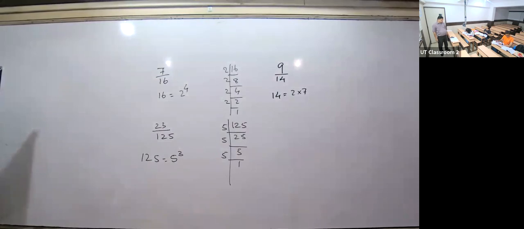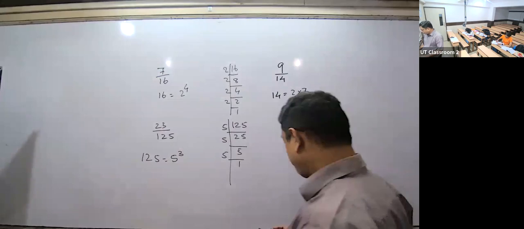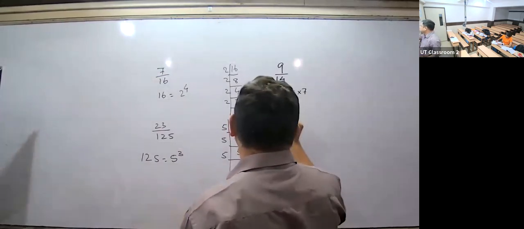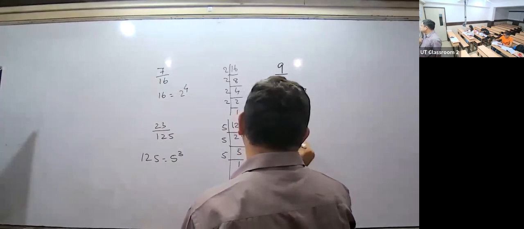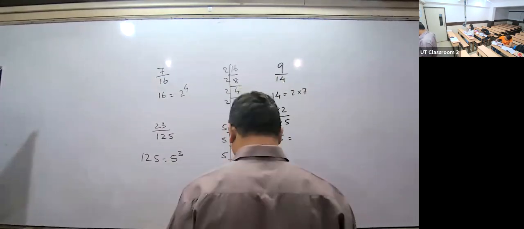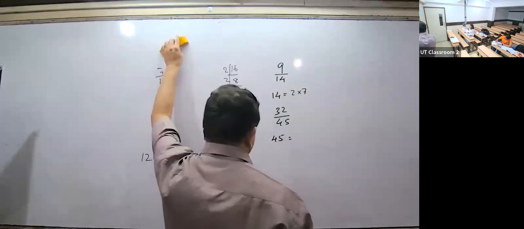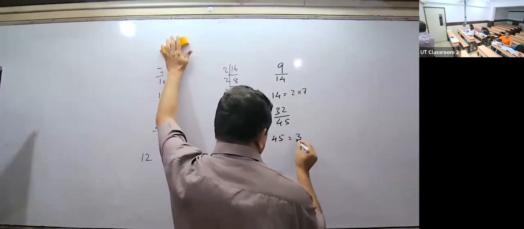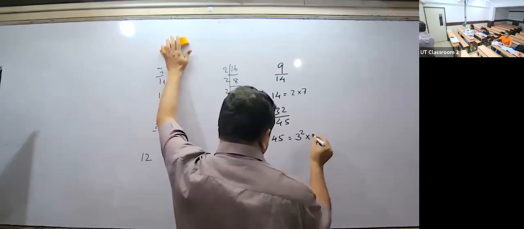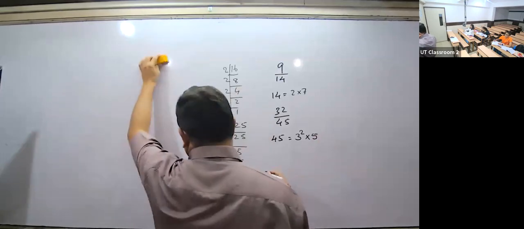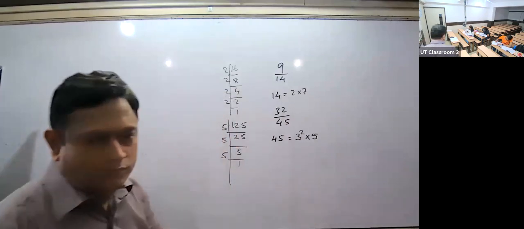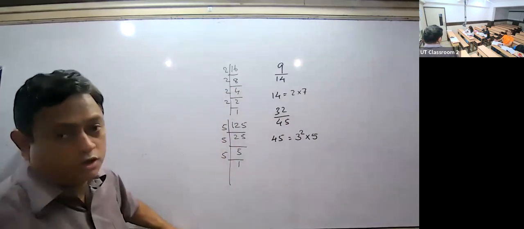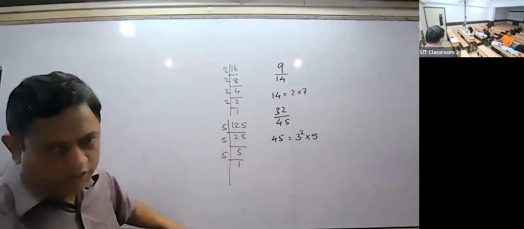Same way, fourth one. 32/45. Factorize. What is the factor? 3 square into 5. Yes, 3 square. It is non-terminating recurring.